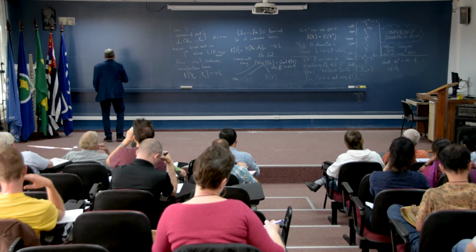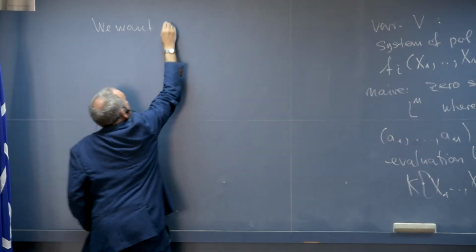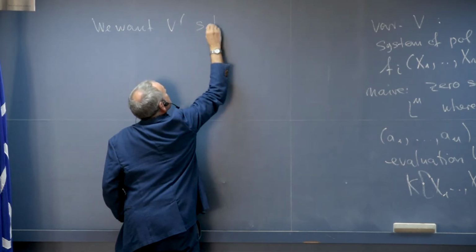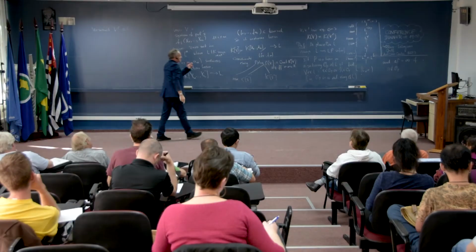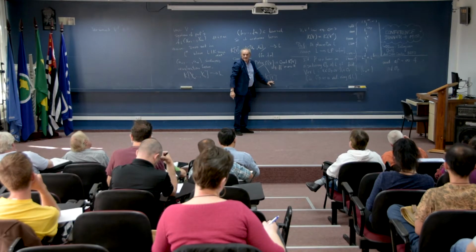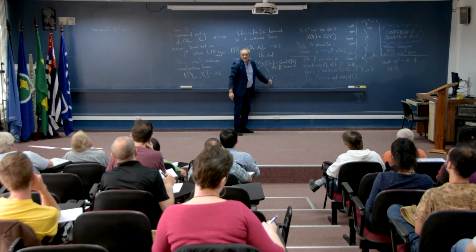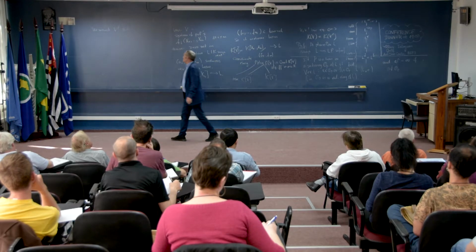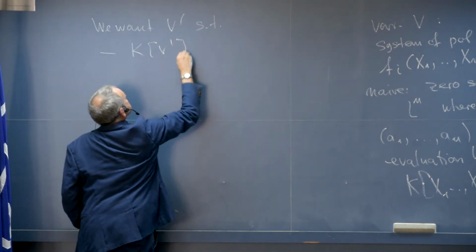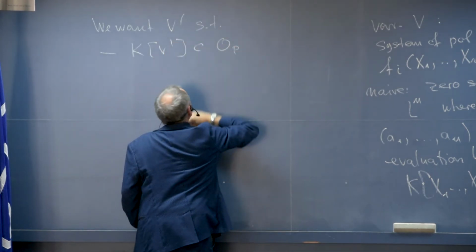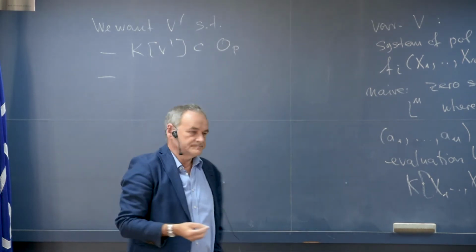Okay, and now what we want is to find a V prime such that, first of all, we get another homomorphism here. So P restricted to this ring here must be a homomorphism, which means that this ring lies in the valuation ring. And secondly, our goal is to have a regular point.